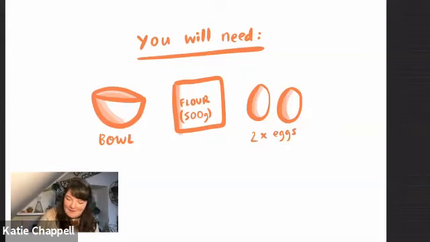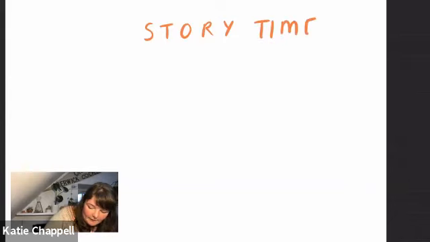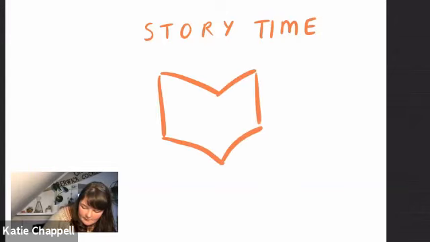So for story time, you might want to write story time at the top of the board. Got a really thick pen here. You've got story time. And then for the younger kids, or just to engage everybody, you've got your book and you can show all the pages open.